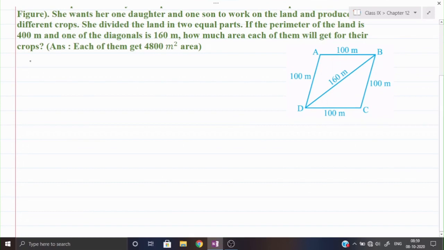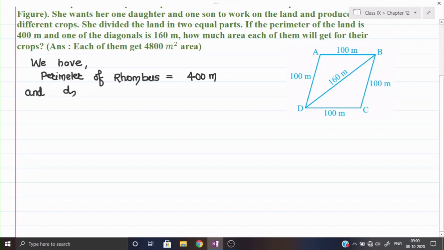So we can say that the perimeter of rhombus is equal to 400 meter, and second, the diagonal, which we can suppose is D1.